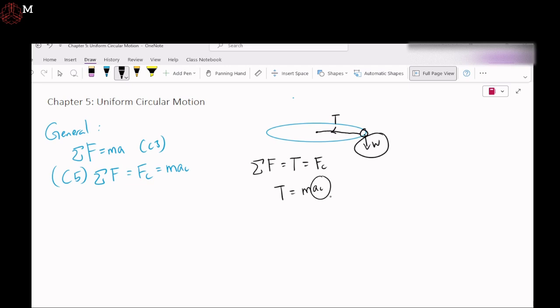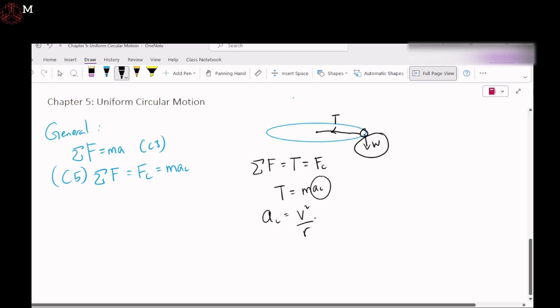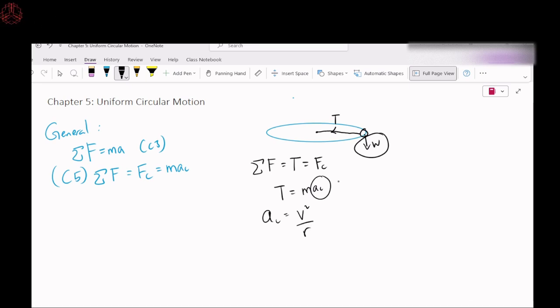Now what I have not done before is tell you how to calculate AC. AC is actually V square over R. This is what makes it circular, or centripetal. So I can combine these two and have T equals mv square over R. Notice that your tension force will depend on how big your circular path is, the mass of the object, and how fast the object is moving.